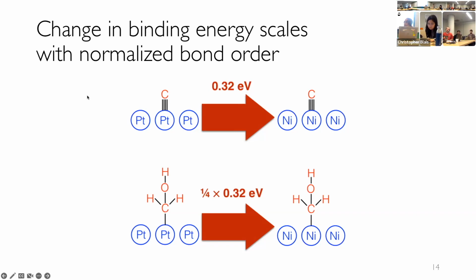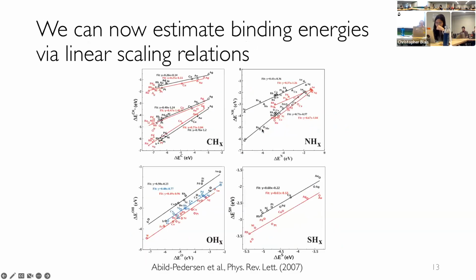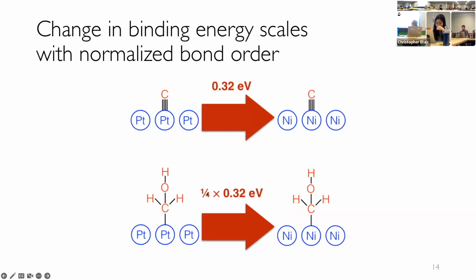So for this top one, we have carbon, which is quadruple bonded, so it's got a bond order of 4. And we're going to change it by 0.32 electron volts to get it to nickel. So basically, from the plots that I had earlier, that's the slope of the line.